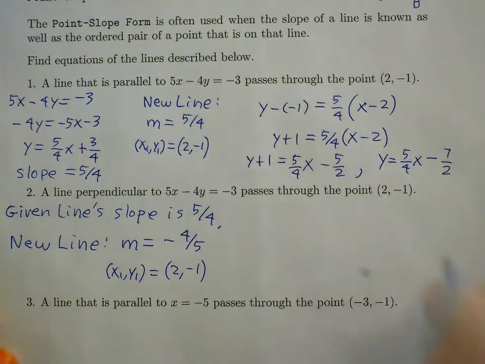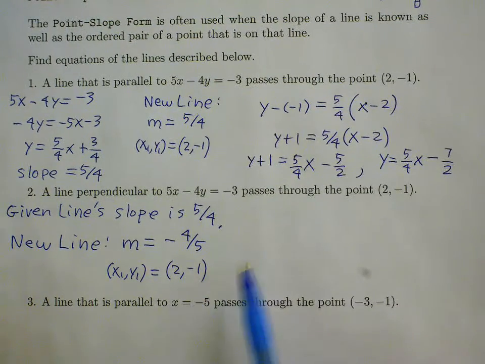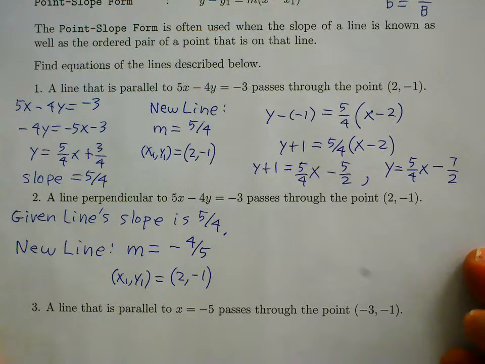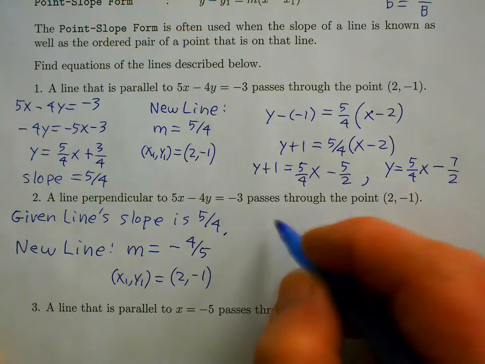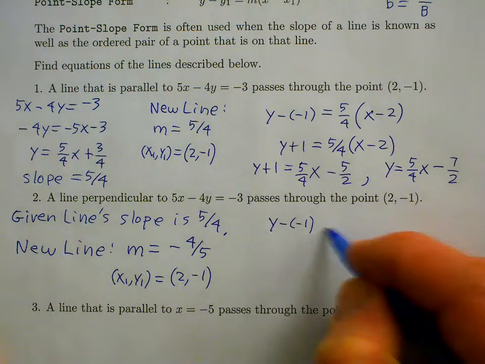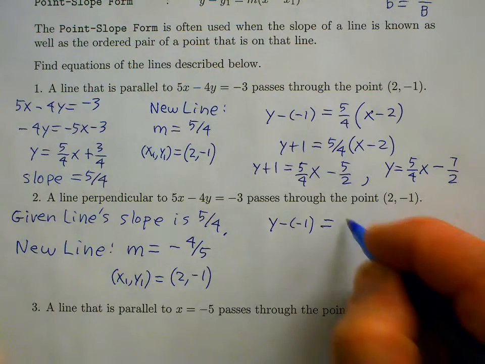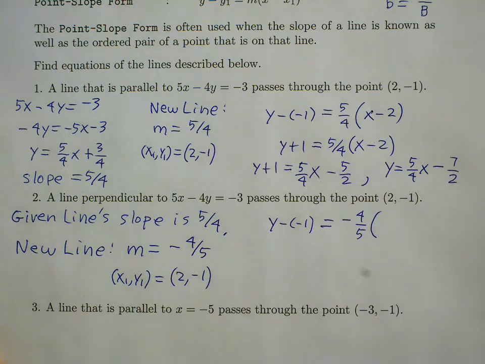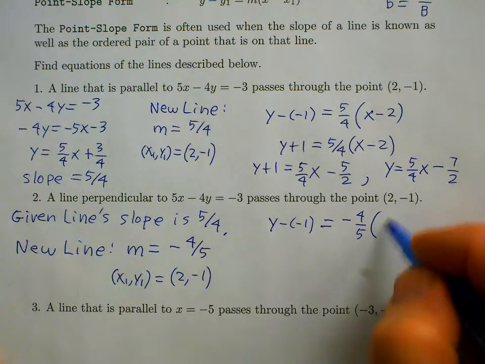So we'll start by writing the point slope form, which is y minus y1 equals m times the quantity x minus x1. So we have y minus -1 again. And that's equal to -4/5 times the quantity x minus 2.